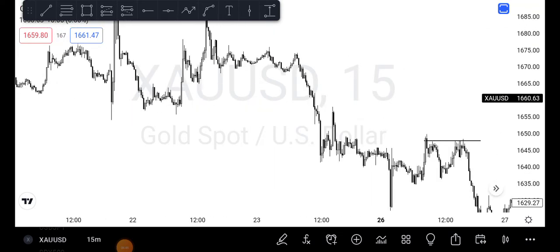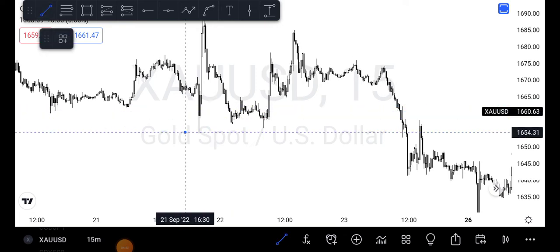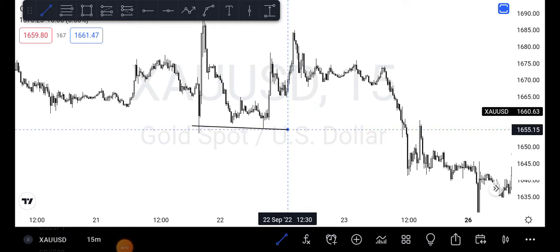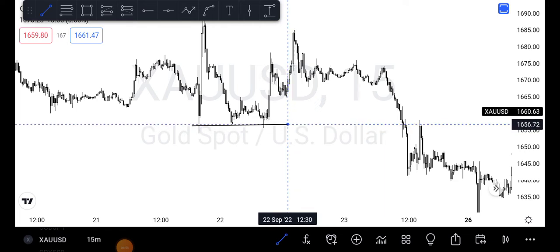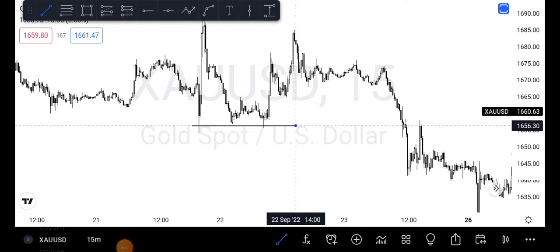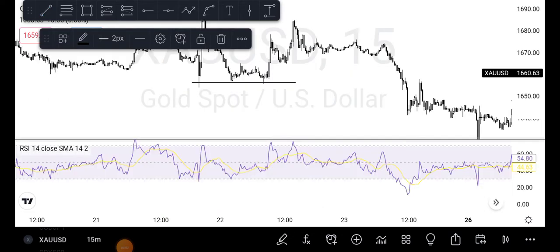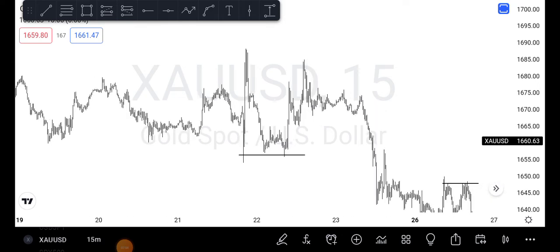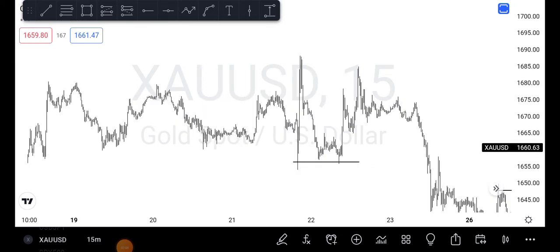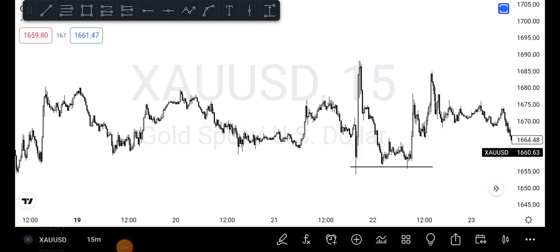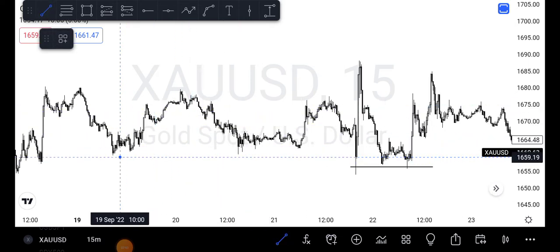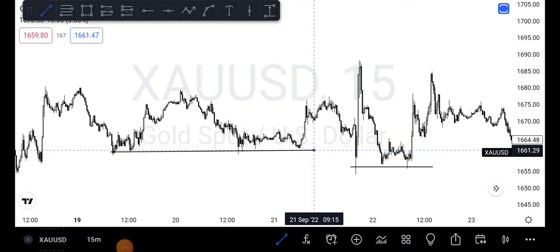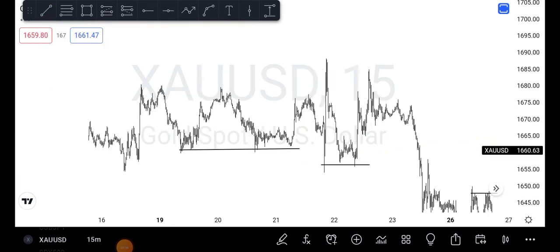I can see something. This area is a support area because market is finding reluctance to move downward and it's always going upward anytime it approaches that area. I can see some. This area here also shows support.